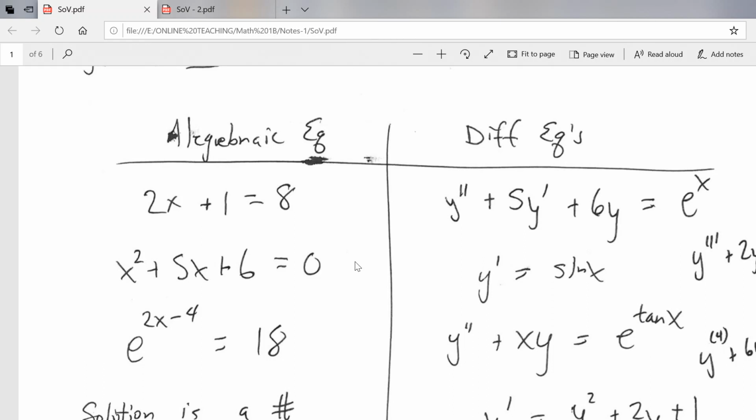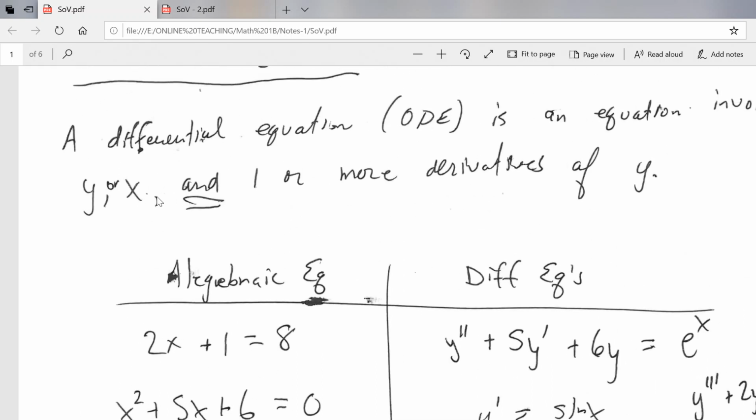Now, differential equations, we said, have y's, x's, and or some of the derivatives. And so here you have a second derivative and a first derivative and the function. Then you have an e to the x. So you have x's, y's, derivatives. Here you just have a derivative, but then you have sine x, so you have x's and derivatives. And I said and or, so it could be y or x or both.